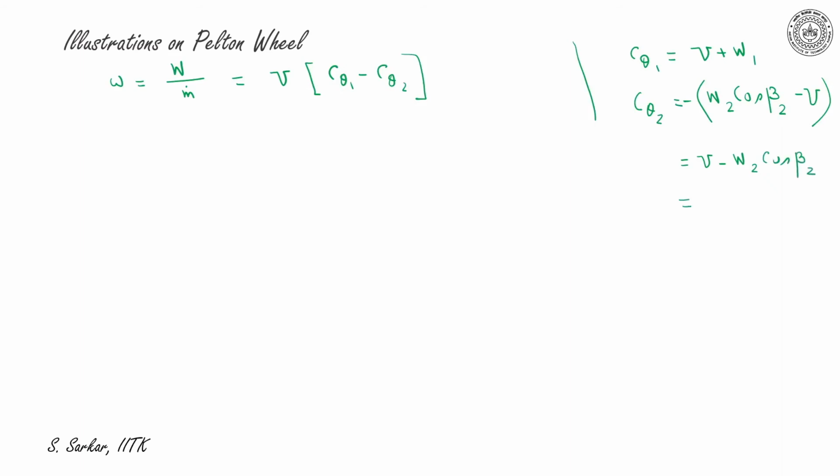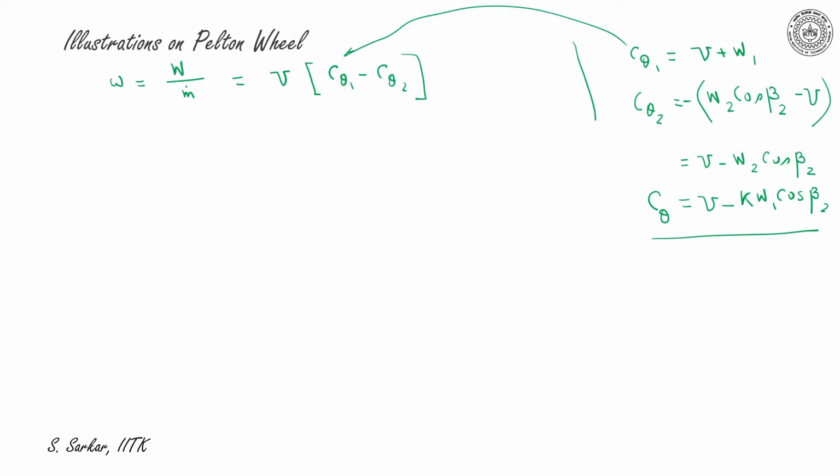Now w2 can be written as k into w1, so u minus K into W1 into cos beta 2. So this is the expression for C theta 2. Put the value of C theta 1 here, and C theta 2 from here.